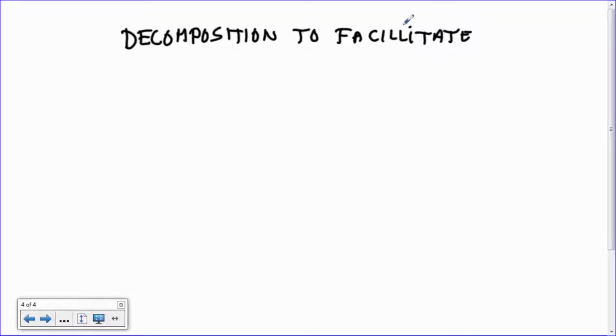If I did spell facilitate correctly, you can fix it for me. Decomposition to facilitate computations.